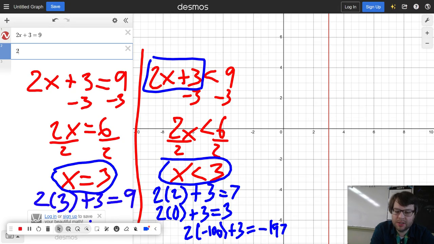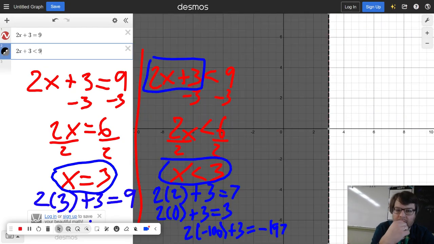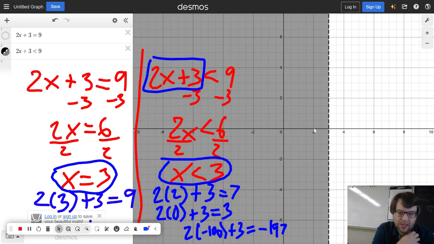Watch what happens when I change it to 2x plus 3 is less than 9. Now I have a shaded zone. Is the x value always 3 in that shaded zone? No. The x value can be 2. The x value can be 0. If I scroll super far to the left, the x value could be negative 100 and it would be shaded in.